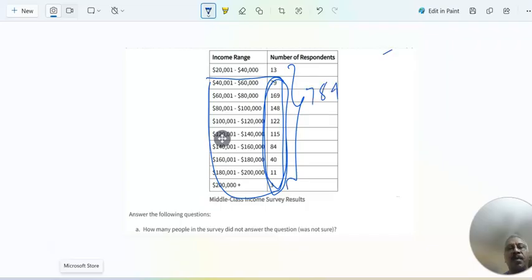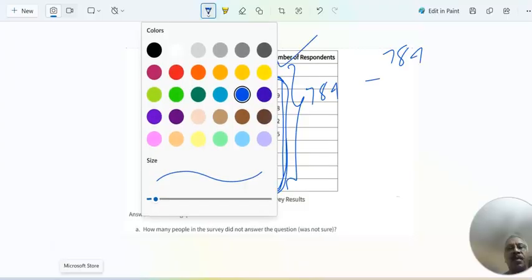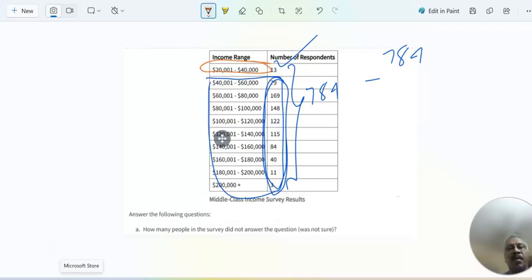So from 784, we'll have to subtract this 13, because there are 13 employees who have salaries from 20 to 40. So we subtract this from 784 because 784 is all respondents.